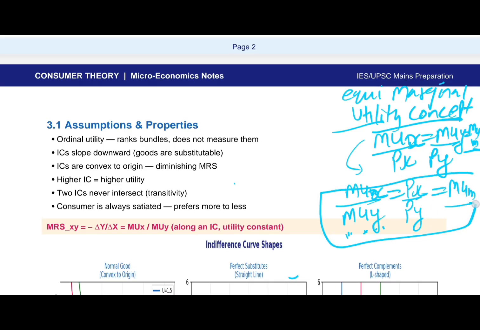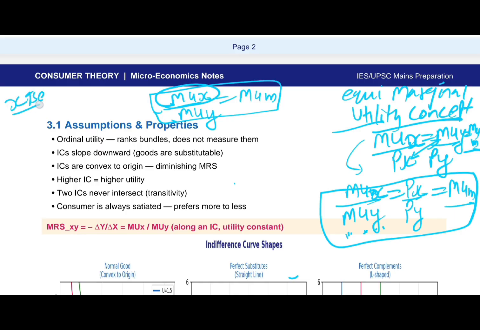I have not done anything drastic, I have just rearranged this. If I increase the consumption of X, it means my marginal utility of X is decreasing, because the law of diminishing marginal utility holds true.